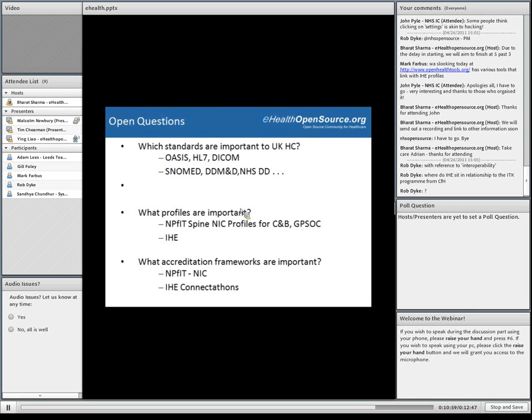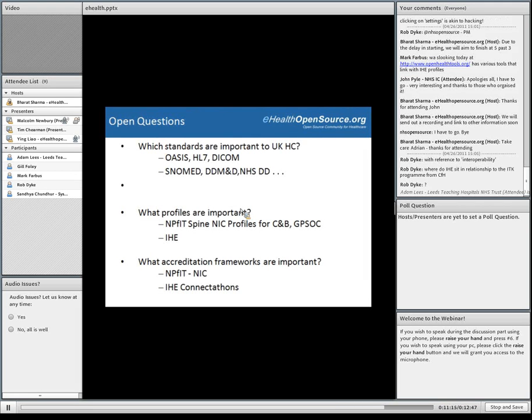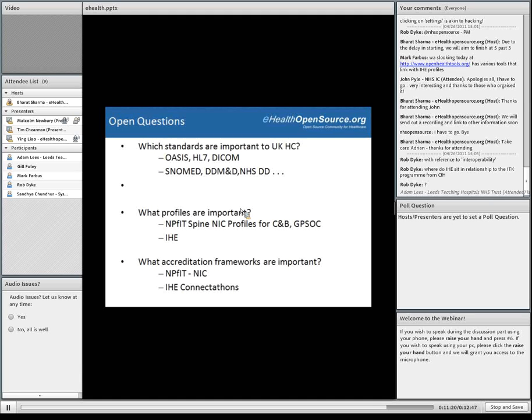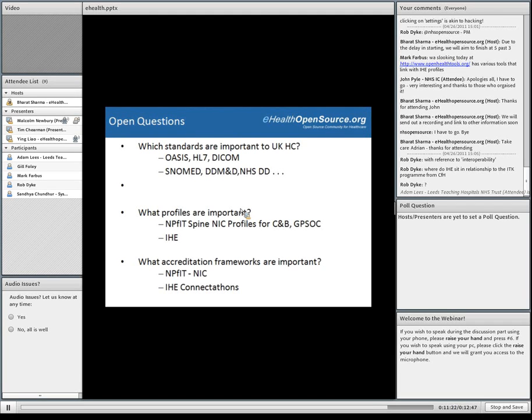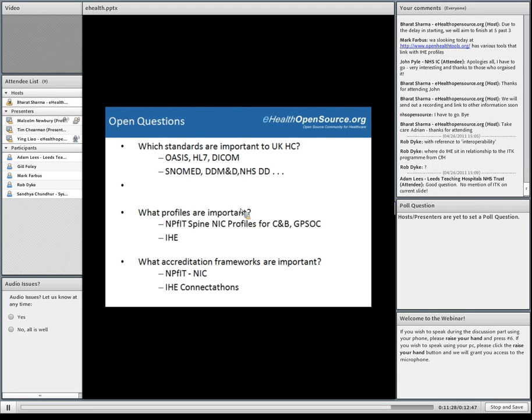The other is IHE. What accreditation frameworks are important? Again, along with the profiles, the NIC provides an accreditation framework for spine-connected applications, and the IHE Connectathons provide accreditation for IHE profiles. So again, I think if we answer those three questions, we'll be well on the way to producing a fully connected NHS. Thanks a lot.